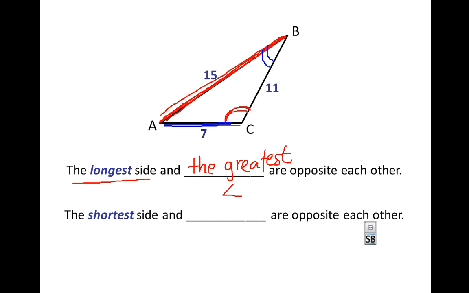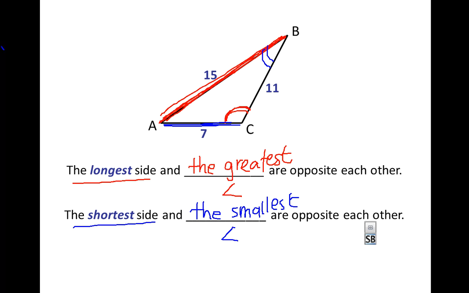It will have the smallest angle measure in the triangle. So the shortest side and the smallest angle, or the angle with the smallest angle measure, will be opposite each other.